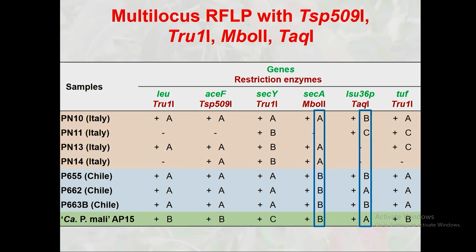In this case, SEC-A and ESU-3CP, we have a problem because Candidatus Phytoplasma mali, in this case, I am afraid to change the slide when I show this, but we have Candidatus Phytoplasma mali that presents the same pattern as the samples from Chile, in this case 1 from Chile.